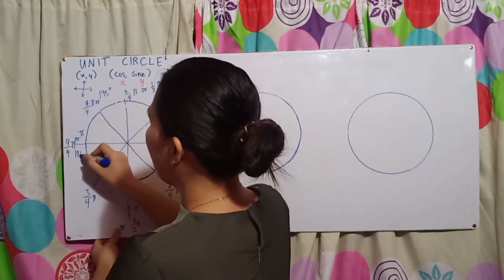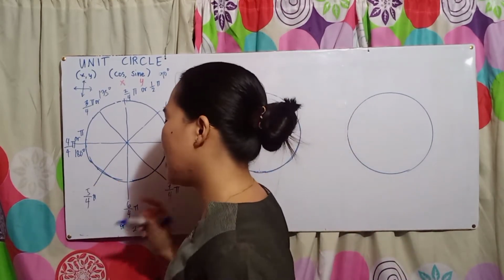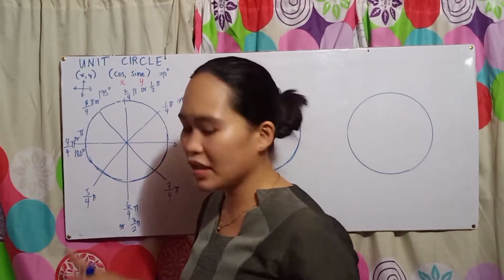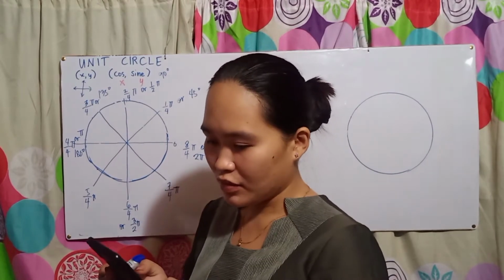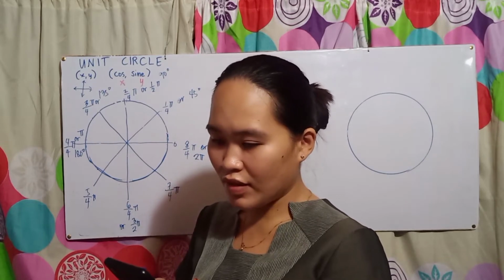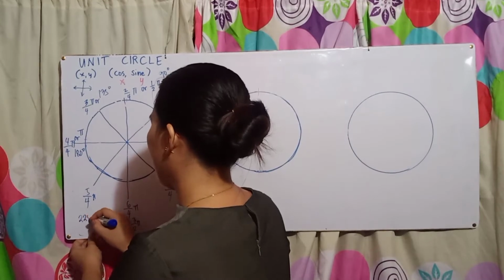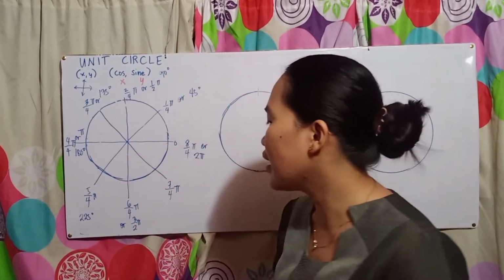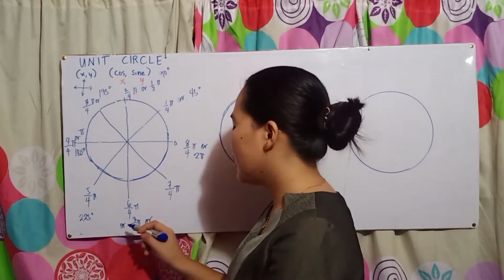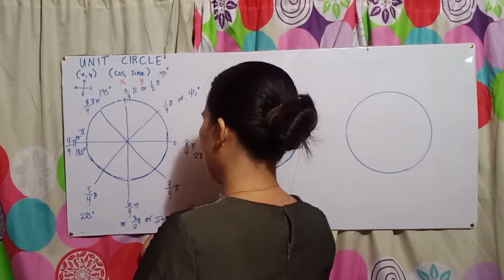Then here, 180 degrees, since it is just pi, and pi is equivalent to 180, so automatically 180. Here, 5 pi over 4, so 5 times 180 divided by 4, so 225 degrees. Then 3 pi over 2, so 3 times 180 divided by 2, so 270 degrees.